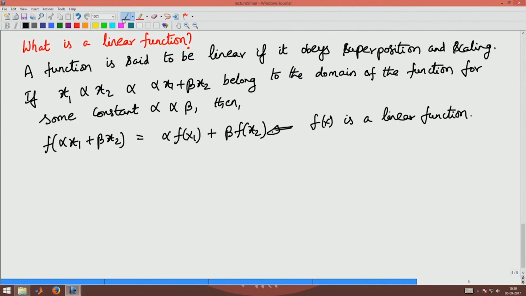Okay. Now, what I am interested in is 3 functions which are dependent on 3 variables.